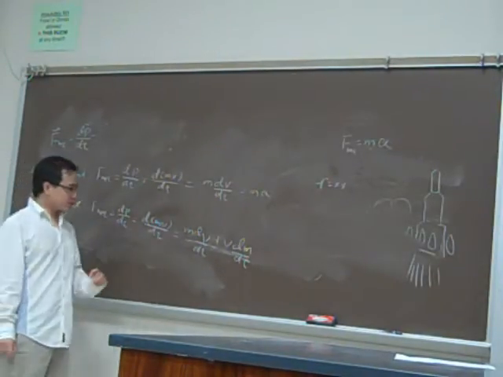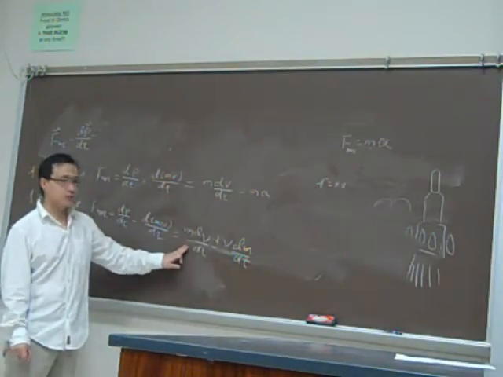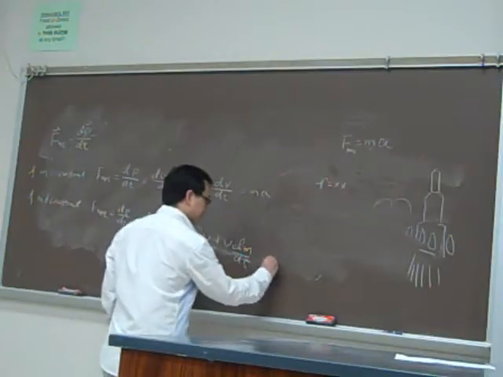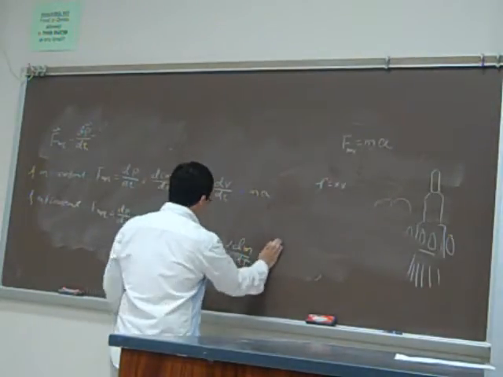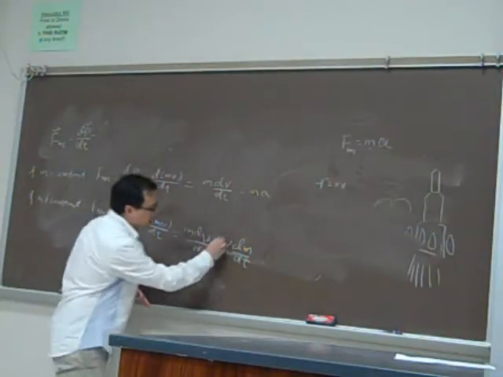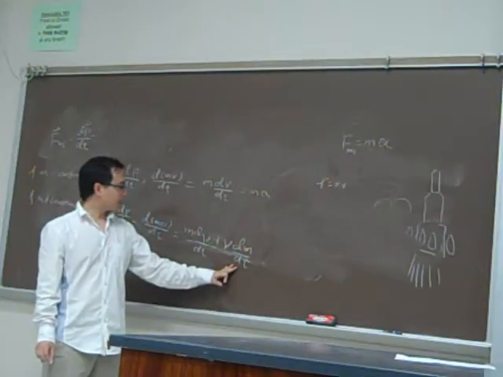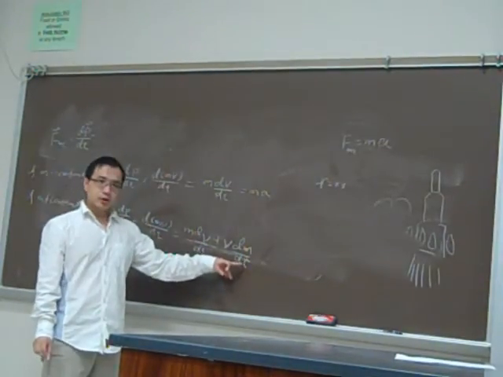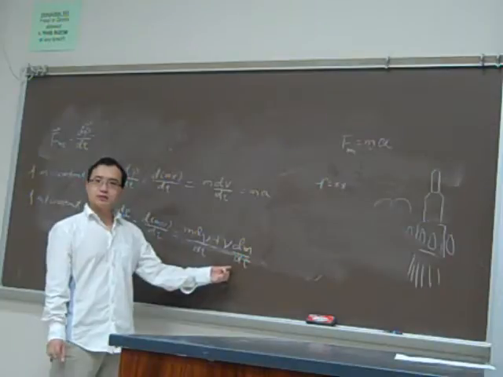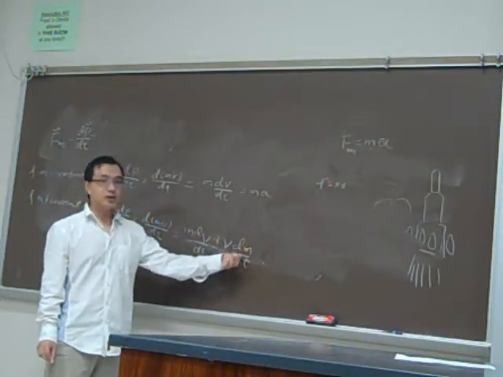So you get two terms. The first term is our normal term, ma, right? The second term, you can think of as some effective force due to the change in the mass.